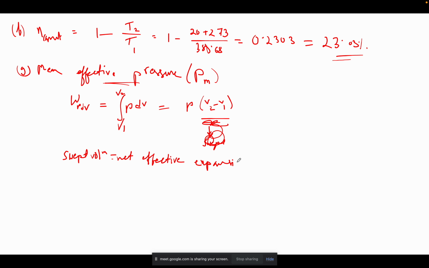There are two compression processes and two expansion processes, so you combine all those volumes and you get a net effective expansion of the volume. Corresponding to that, there will be some constant pressure. Suppose the entire Carnot engine is replaced by only one constant pressure process, and that constant pressure you are maintaining as PM, then that is your mean effective pressure. So basically work for a Carnot cycle can also be written as PM into swept volume.